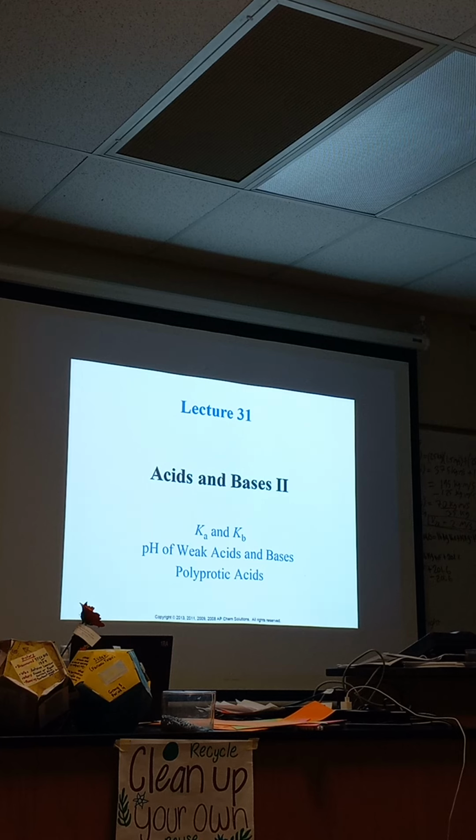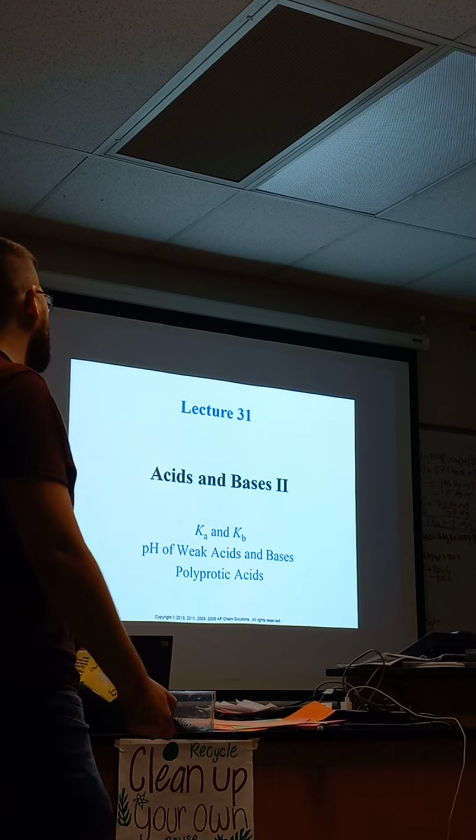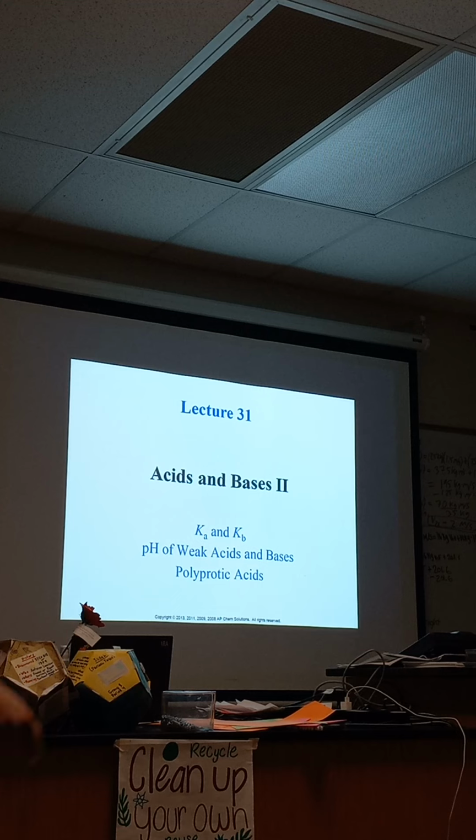Alright, guys, we're gonna look at Ka and Kb. So basically, acid base 2 is where, because last time we saw strong acids and bases, easy. And today we bring in weaklings, weak acids and bases.